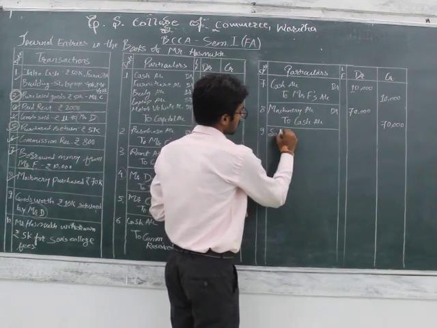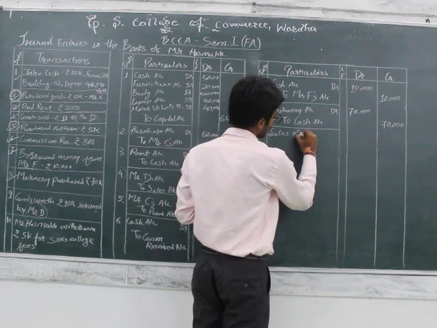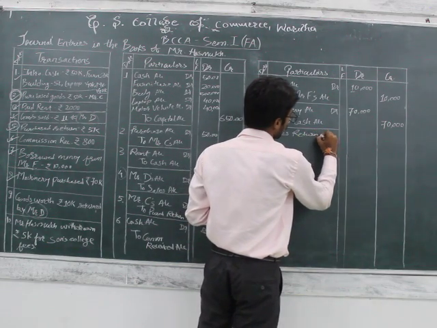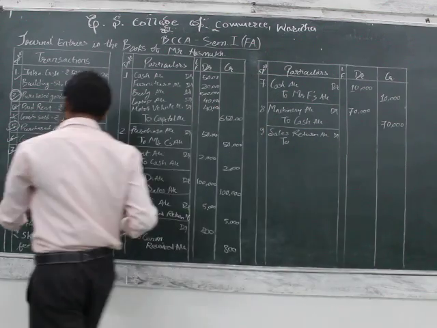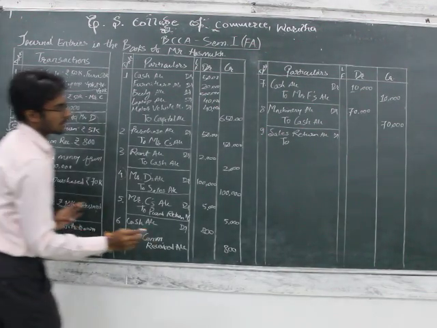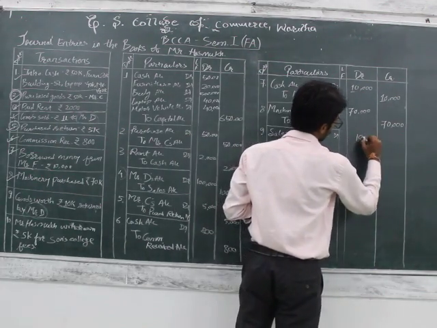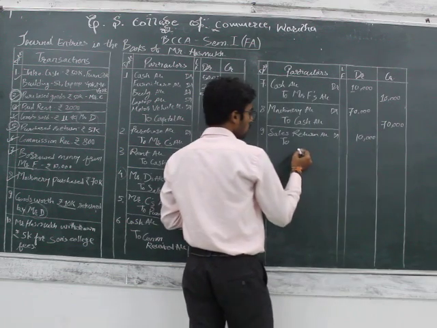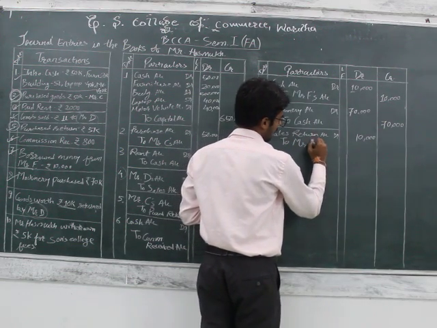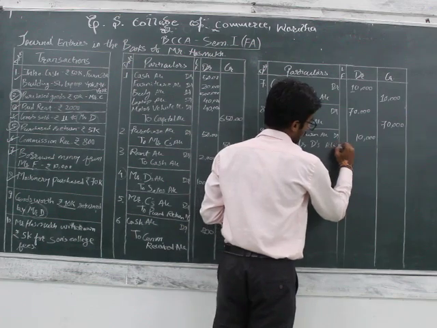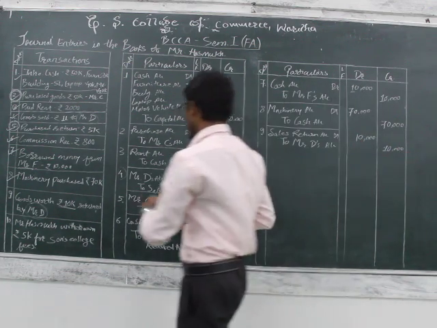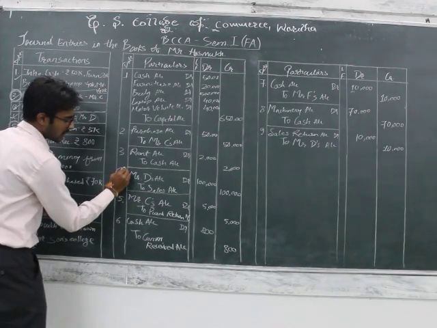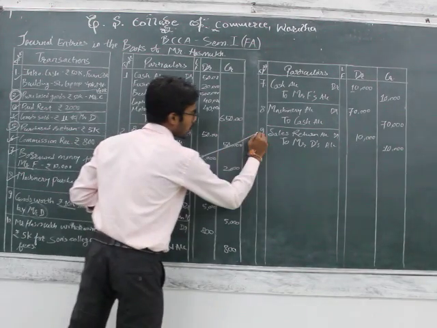The sales return account will be debited with rupees 10,000 to Mr. D's account, 10,000. You can see the 4th entry is connected with the 9th one.